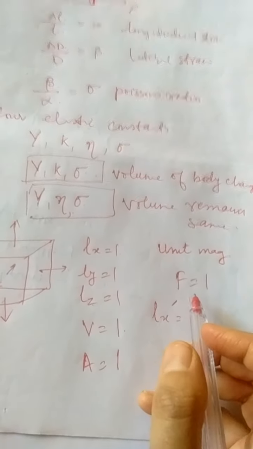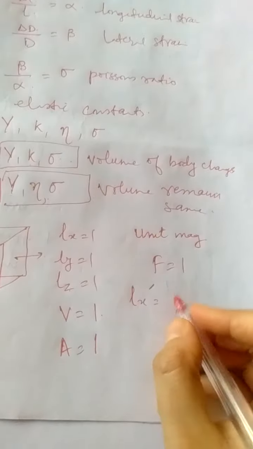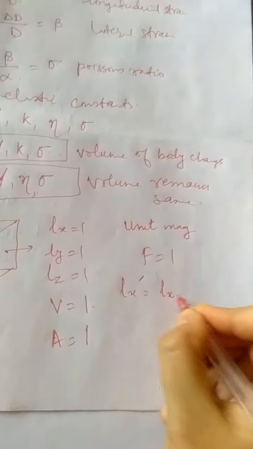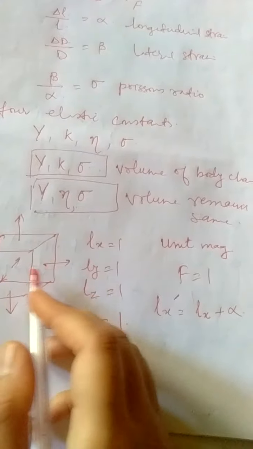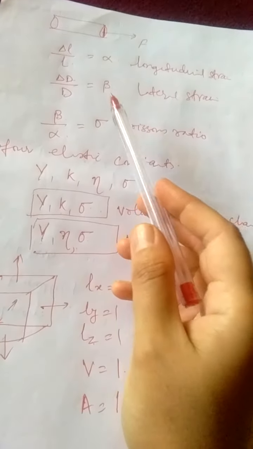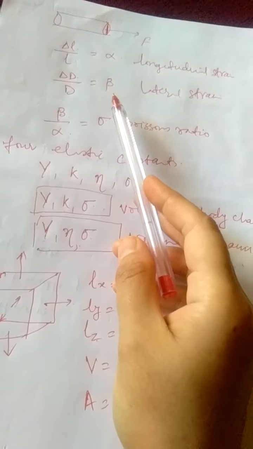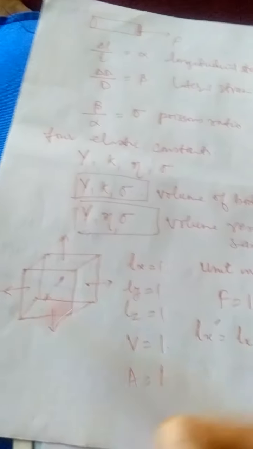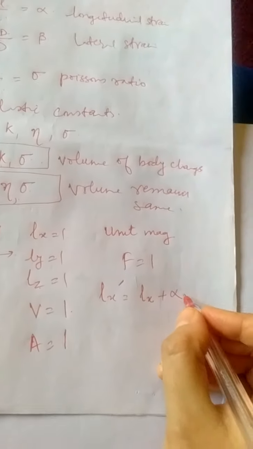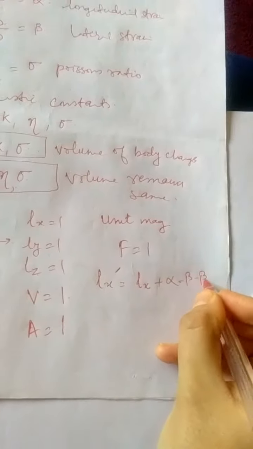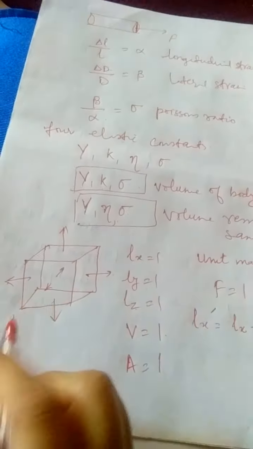So this Lx dash is Lx plus alpha, because now it gets elongated along the direction. But it also gets compressed by a factor beta along the other two directions. So it will be Lx plus alpha minus beta minus beta. I hope all of you remember that.